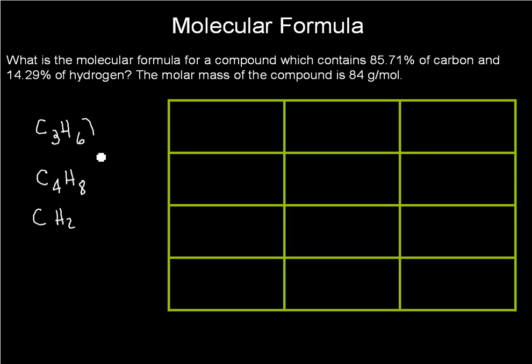All of these are going to have the same empirical formula. The empirical formula is going to be CH2, because in this one we can simplify. Yes? So when we calculate the empirical formula, what it gives you is this ratio, but it doesn't give you any of these values.